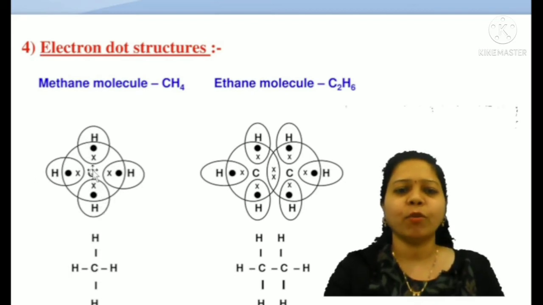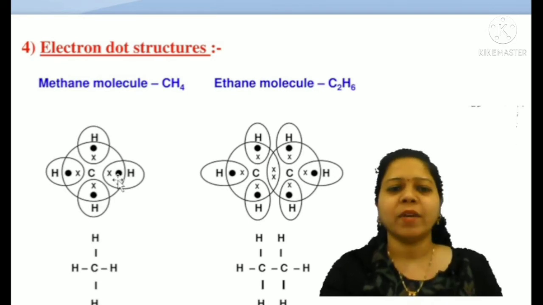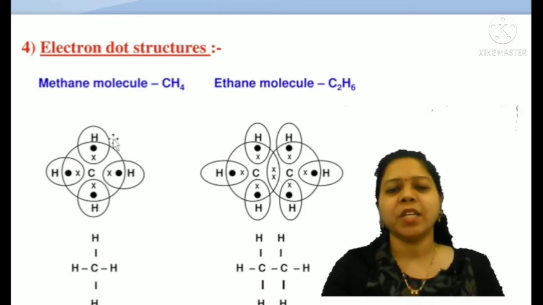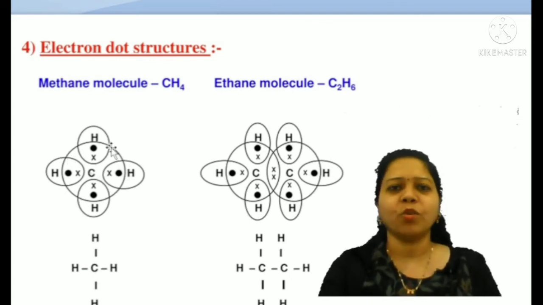Here carbon has 4 electrons in its valence shell and hydrogen has 1 electron in its valence shell. Each hydrogen has 1 electron in its outermost orbit. That's why all the 4 hydrogens share their electrons with this carbon to form a CH4 molecule. This is the electron dot structure of methane.